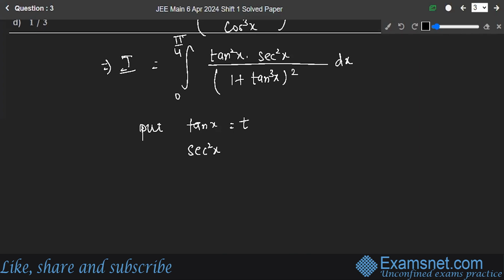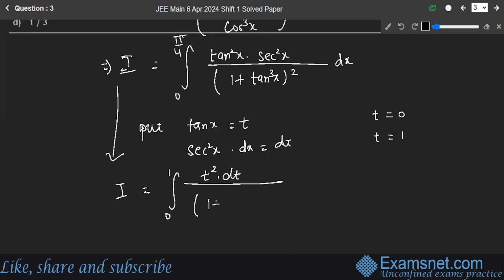Differentiating, you will have secant square x dx is equal to dt. Also the limits will change. When x is equal to 0, t will be equal to 0, and when x is equal to pi by 4, t will be equal to 1. So now the limits will be 0 to 1, and the numerator will have t square dt, the denominator will have 1 plus t cube whole square.